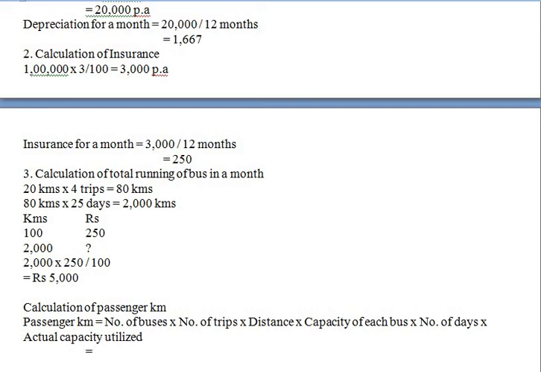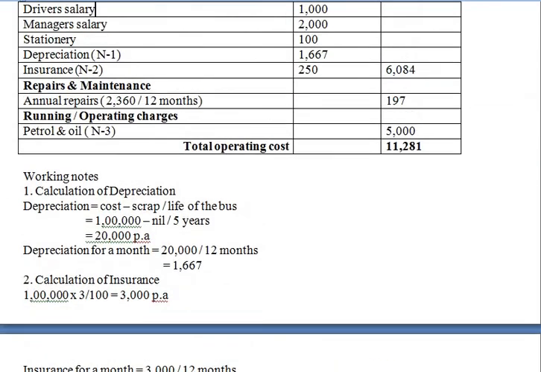Now this will be equals to number of buses, as there is one bus, into number of trips, it makes 2 round trips, so we need to take 2 trips into distance is 20 kilometers into capacity of each bus is 25, right? Just go through the problem and check it.